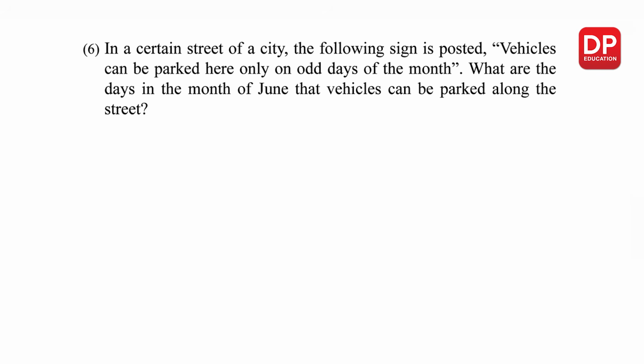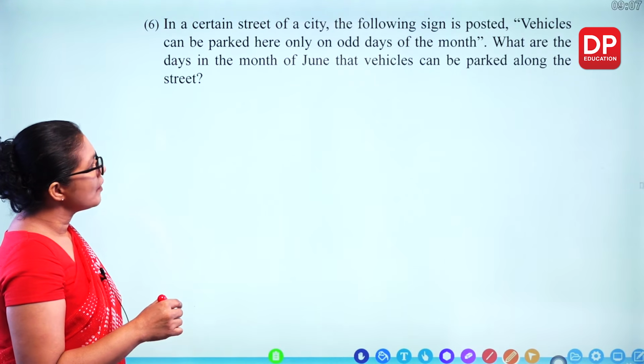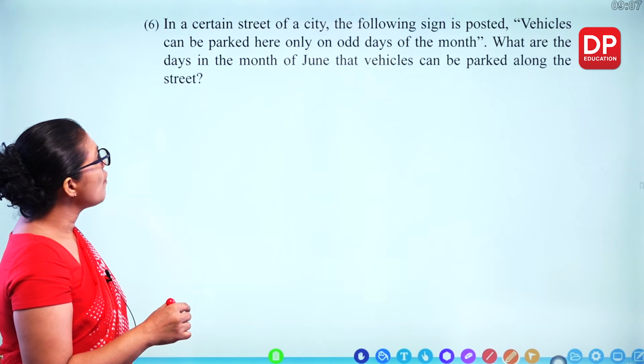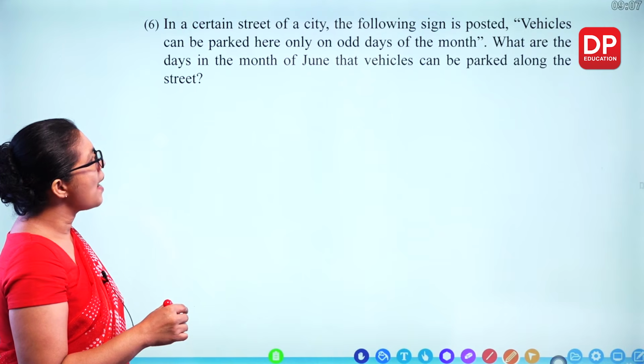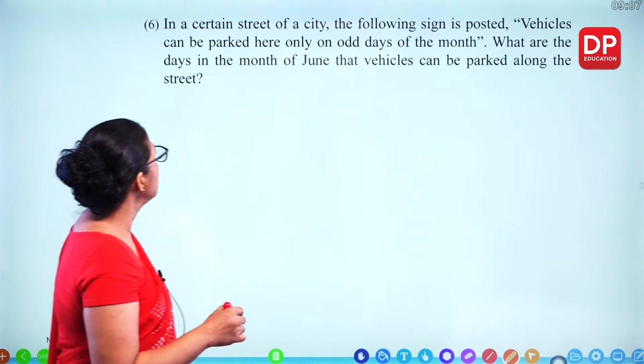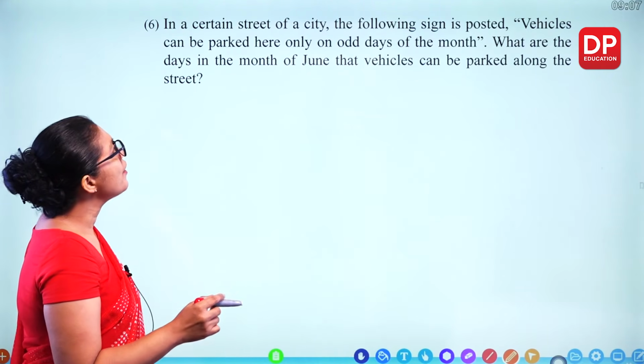In a certain street of a city, the following sign is posted. Vehicles can be parked here only on odd days of the month. What are the days in the month of June that vehicles can be parked along the street? So odd days.